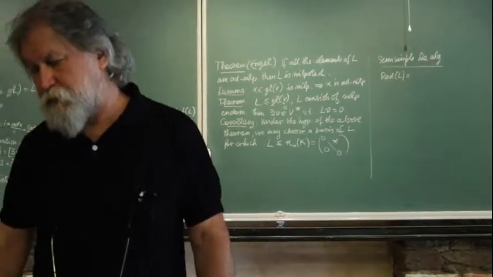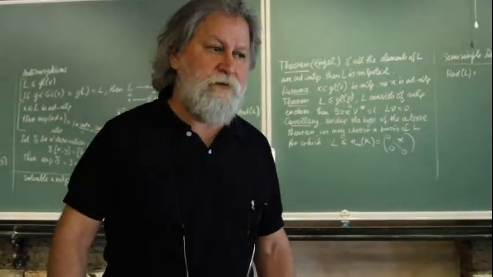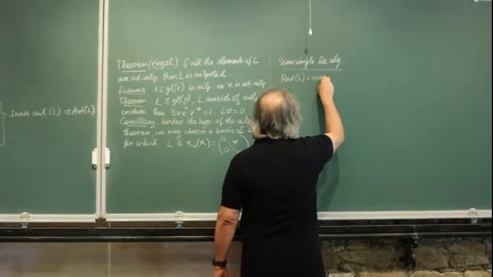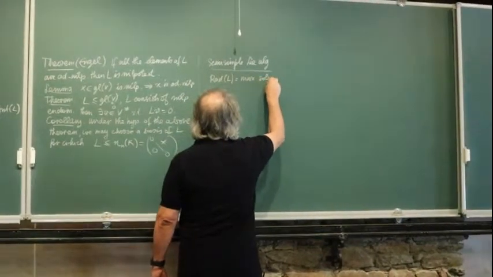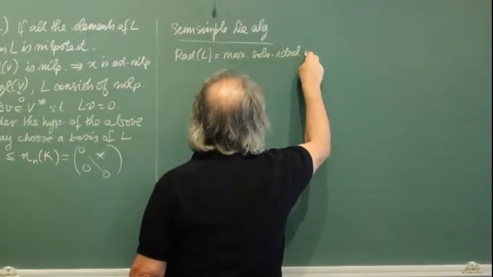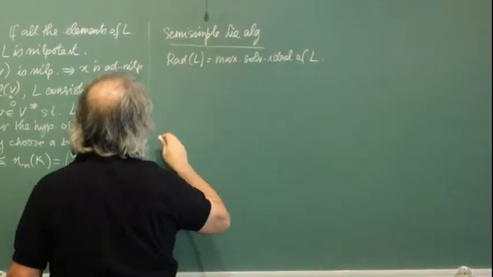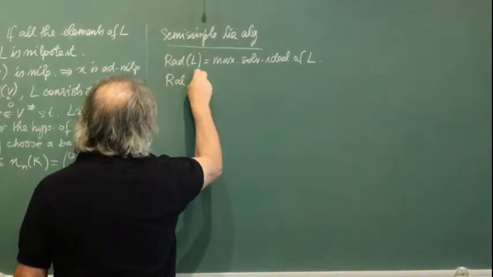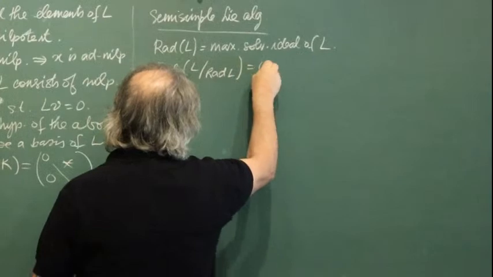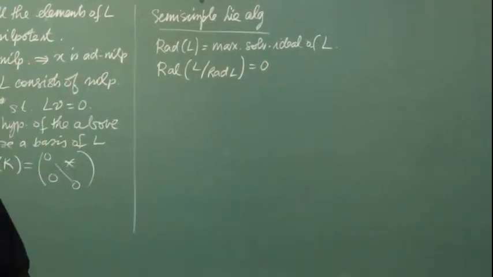If they are solvable, the sum is also solvable. The radical of L is the maximal solvable ideal of L. Of course, L over the radical of L has zero radical, so you killed all the solvable ideals.